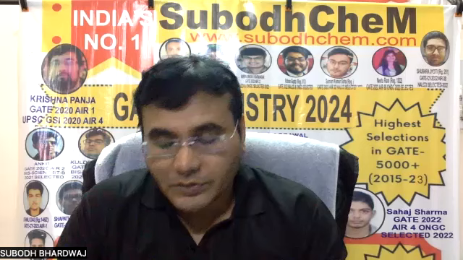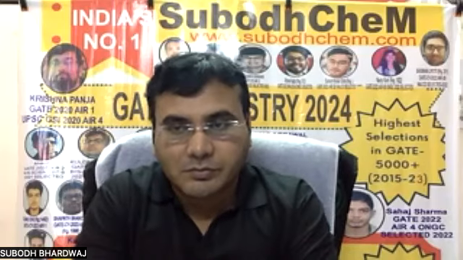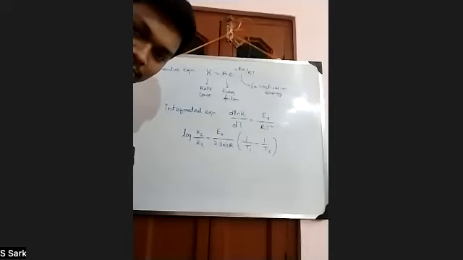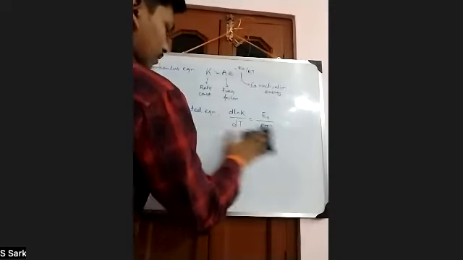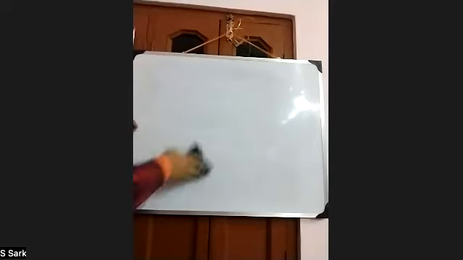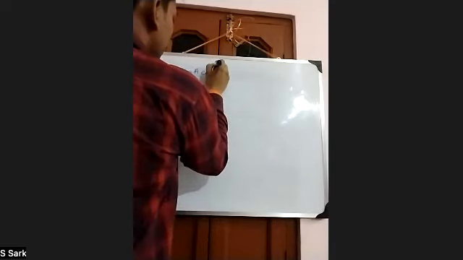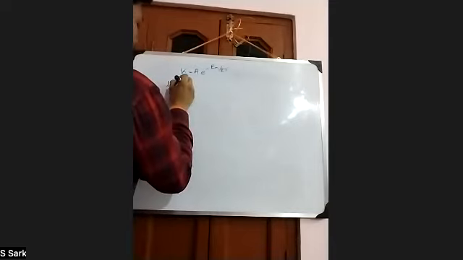What is the graph of log K versus 1 upon T in the Arrhenius equation? We know the equation K equals A into e to the power minus EA by RT, and if we take the log, it becomes ln K equals ln A minus EA by RT.